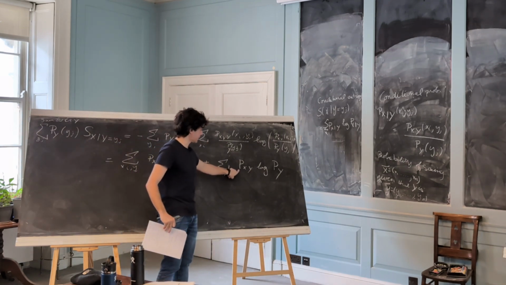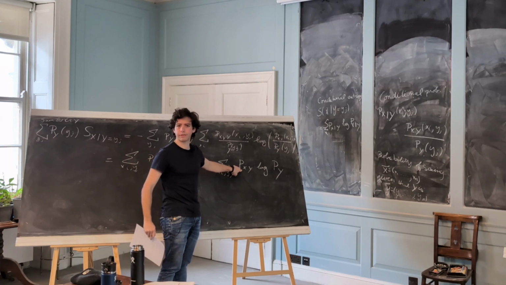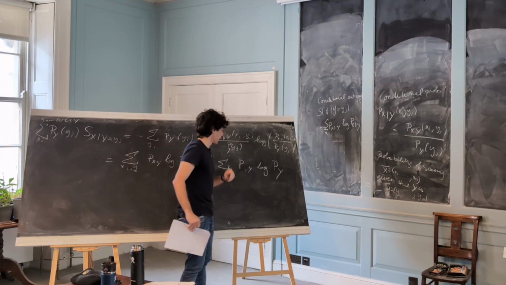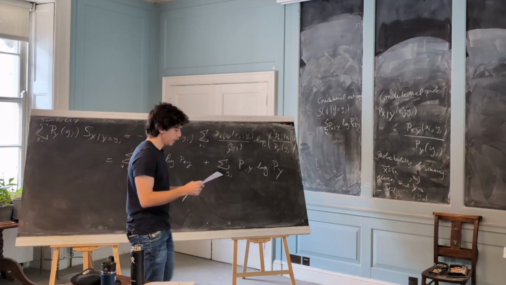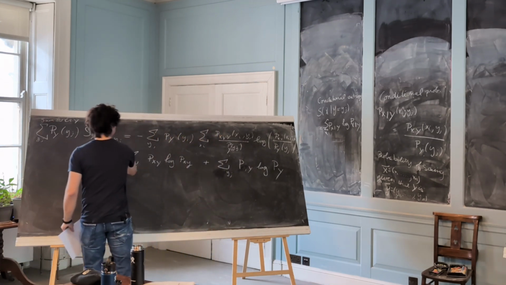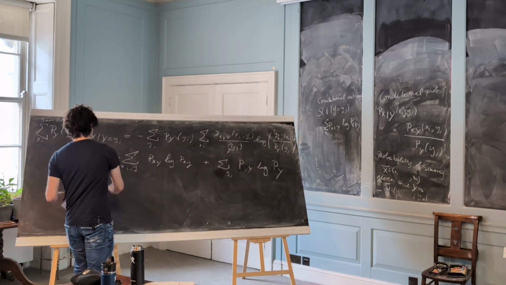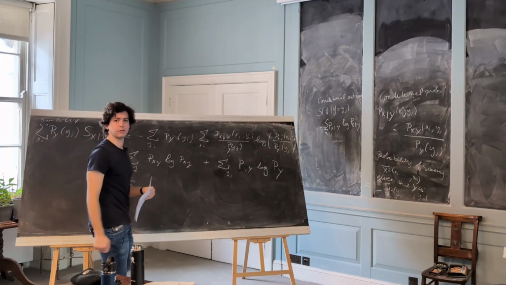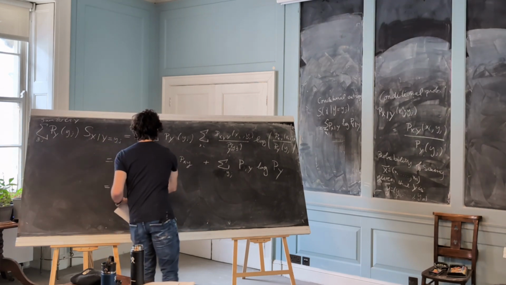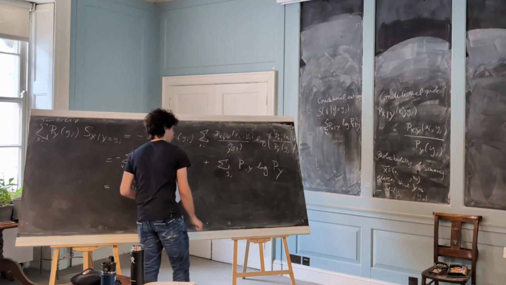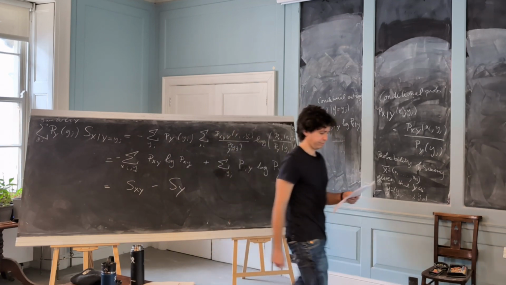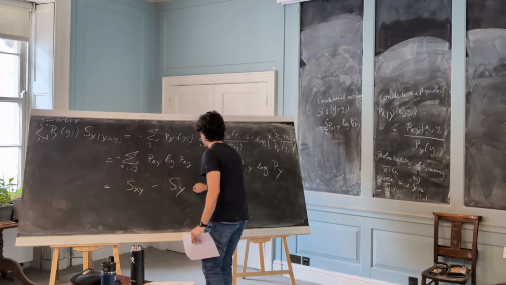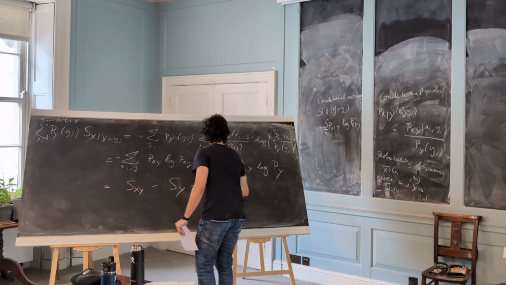And here, if I sum over x, I'll get p of y, so I'll get p_y log p_y. So what is this? Well, that's the total entropy over x and y minus the entropy in y. And we call this the conditional entropy.